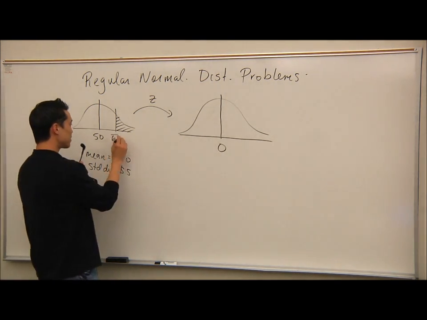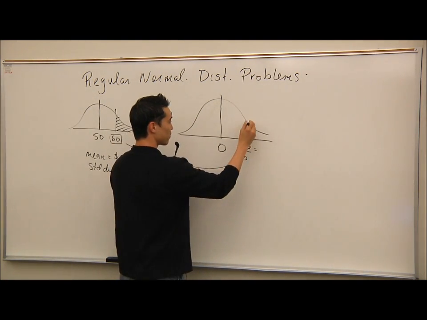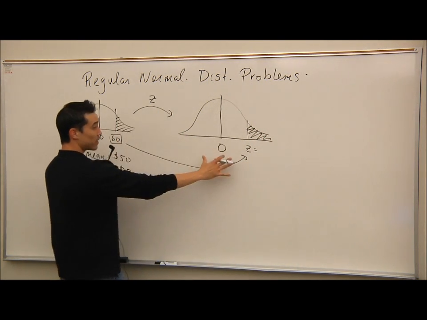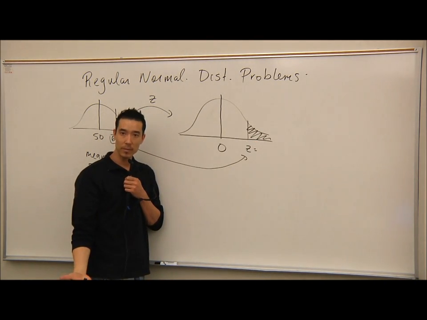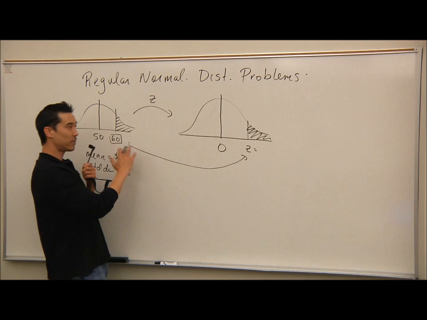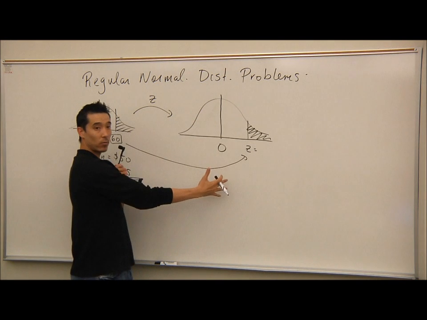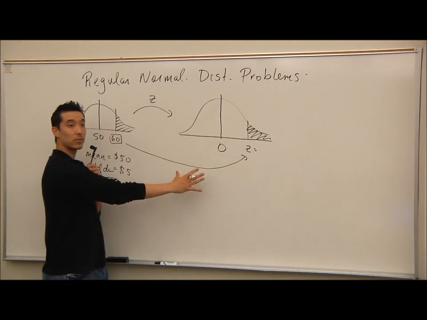Then this 60 is going to come over to be some z value. And we're going to have the exact same picture. The reason why I have to do this is because this area, once I figure out what that z value is, I will be able to look up in my book. I don't have a chart in my book that has tennis shoes with 50 and 60. What I have is a 0 and 1 standard normal. So I take what I'm given and I convert it to a standard normal.